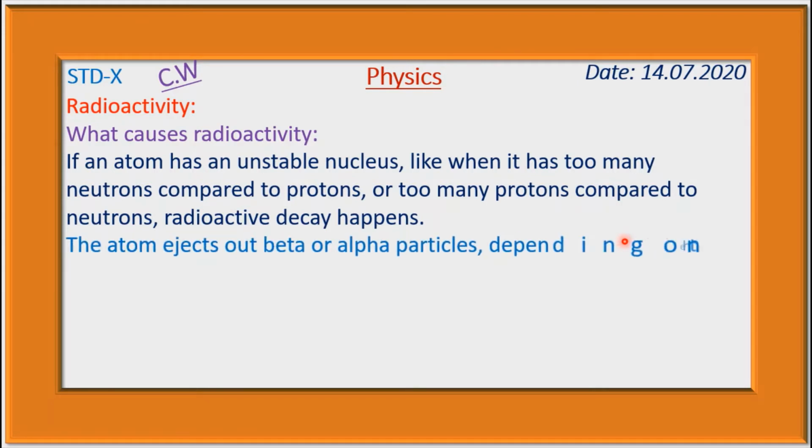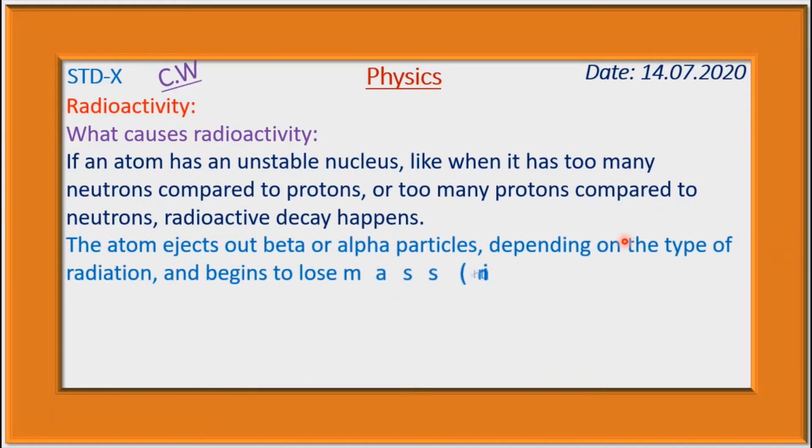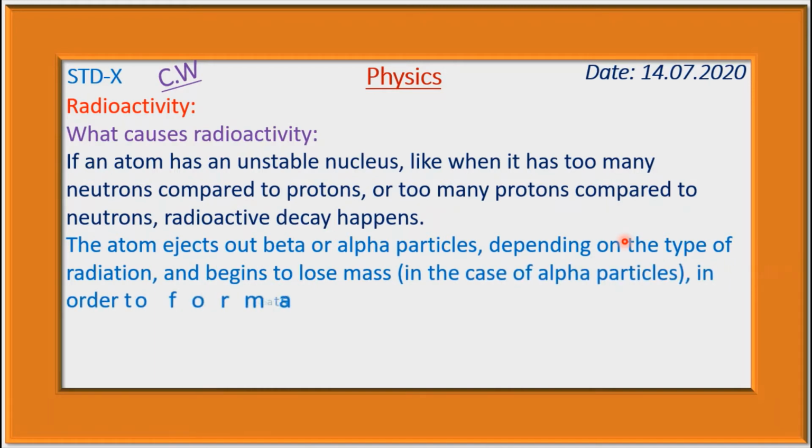The atom ejects beta or alpha particles depending on the type of radiation. If the nucleus emits an alpha particle, then it will lose mass in order to form a stable isotope. That is, the unstable atom will emit alpha particles, beta particles or gamma rays, and it will become stable.